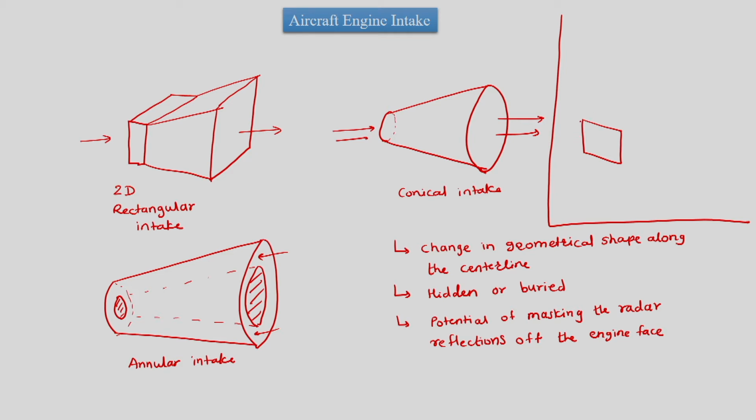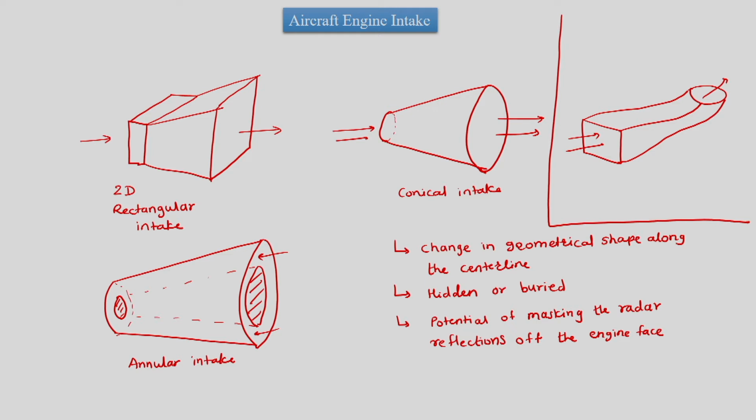So, there is a rectangular shape at the inlet and then this shape transforms to the circular shape at the outlet. So, this is rectangular to circular or rectangular to elliptical shape transformation type of intake.